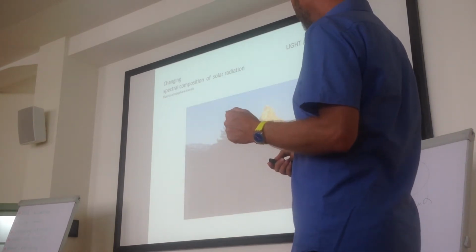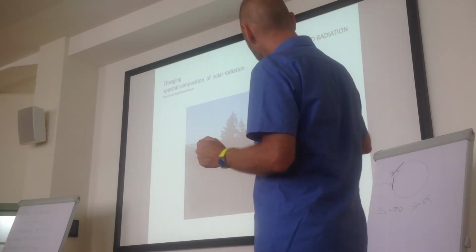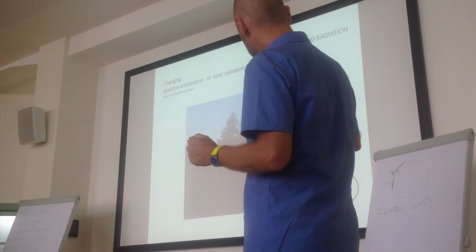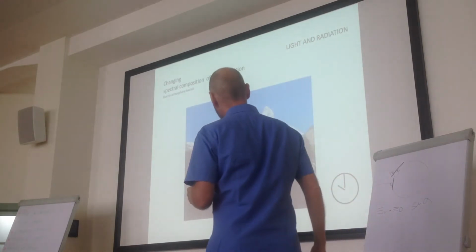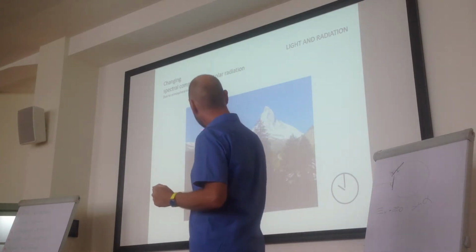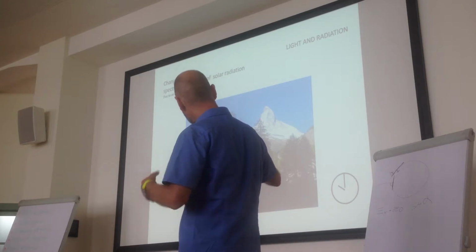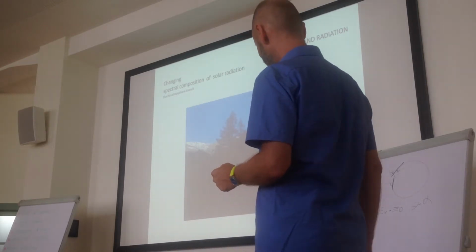This picture was taken in the moment of sunrise. We see here these reddish, yellowish reflections on the snowfields of the Matterhorn. And some hours later, again, a picture with this typical bluish sky and bright, shiny snowfields of the Matterhorn.